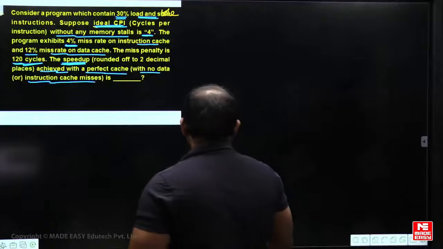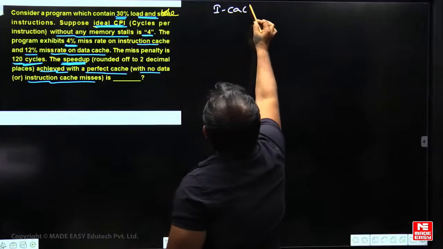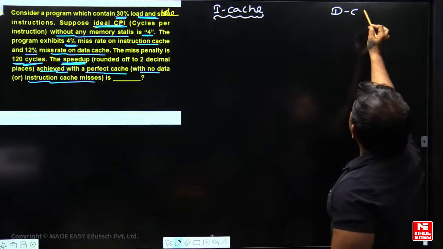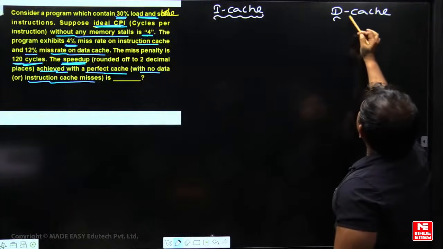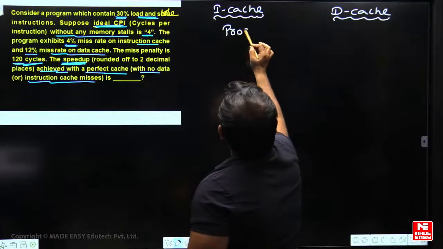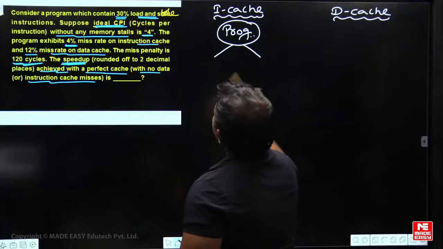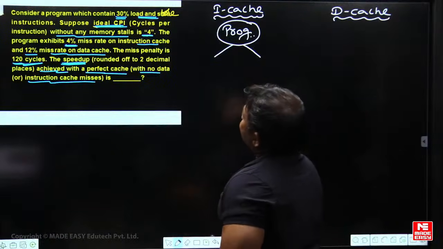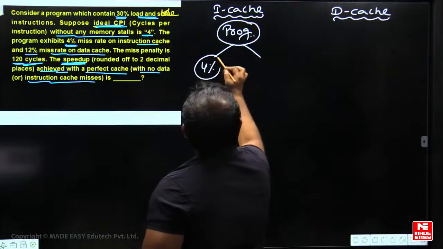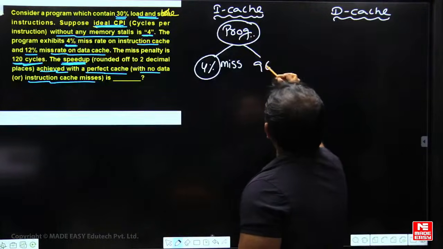Now, come to the solution. First, we take the I cache, the instruction cache. Then we take the D cache, the data cache. For the instruction cache, 100% of the program accesses instructions, with 4% miss and 96% hit.